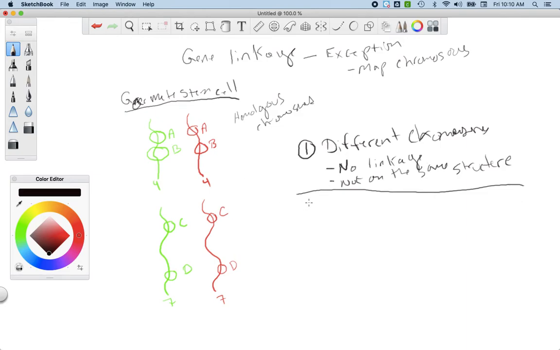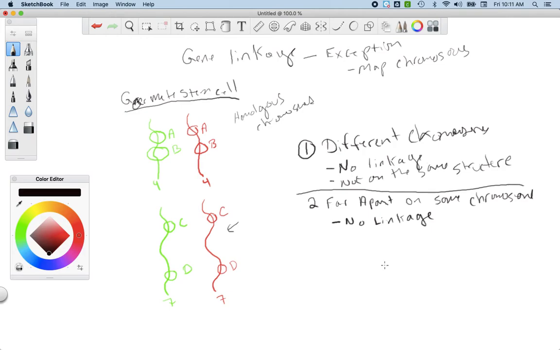The second one is what we see over here. These genes are far apart on the same chromosome. Again, there's no linkage.